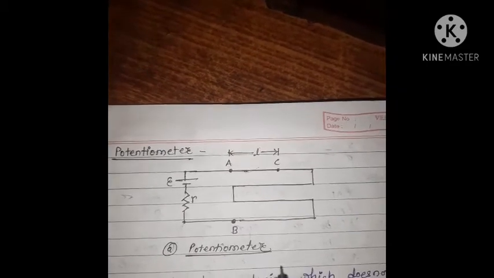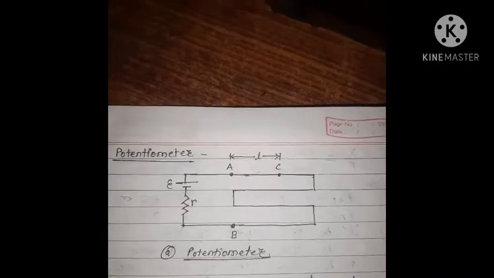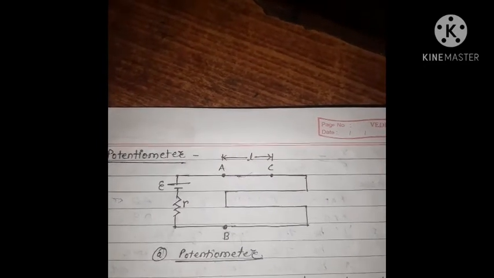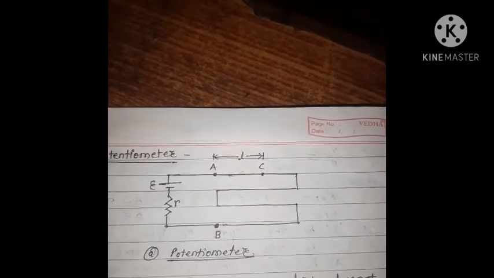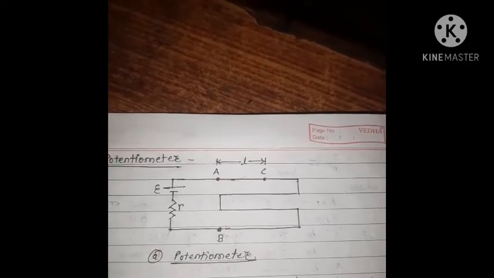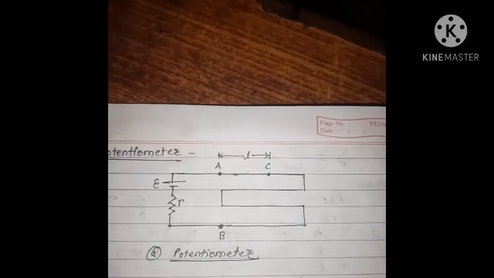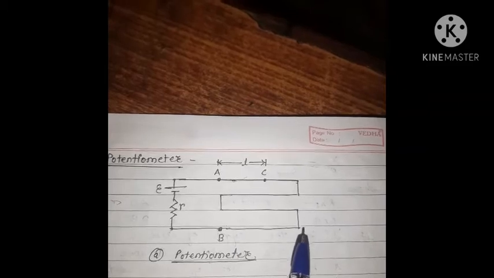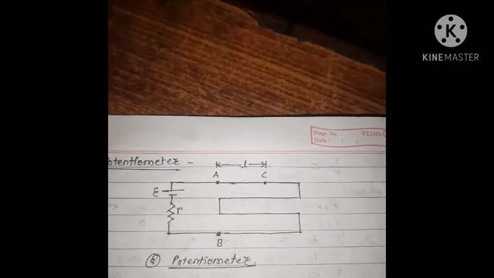Potentiometer is widely used because it does not require any current from the circuit, and it is used to measure potential difference between any two points on the wire in the electric circuit.